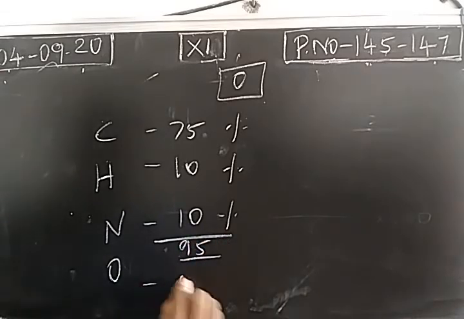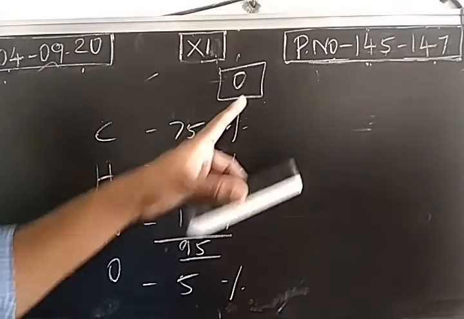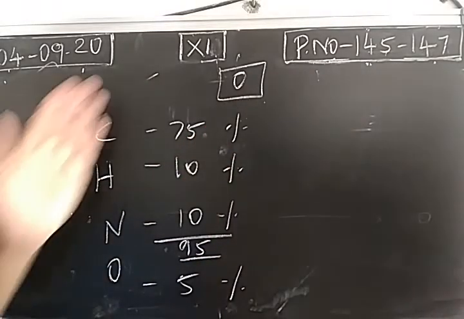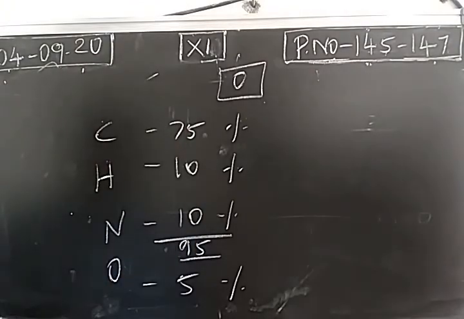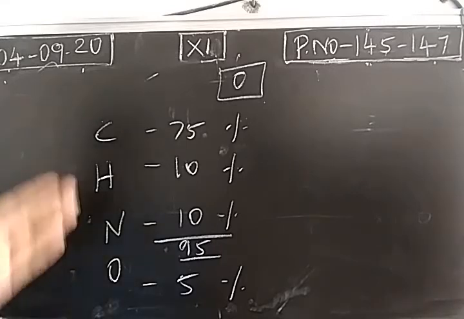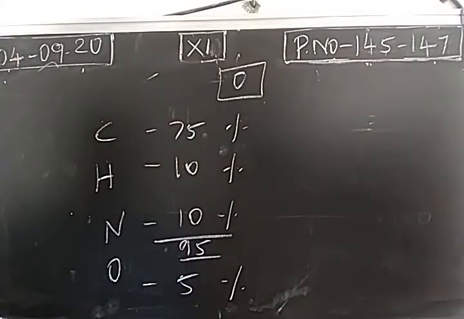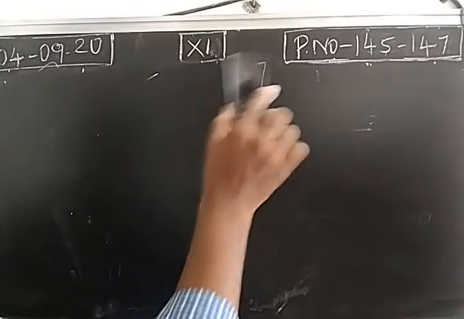Okay, that means the remaining 5% will be contributed by oxygen. So estimation of oxygen can be done from the values of the other elements. In this compound, 95% is contributed by carbon, hydrogen and nitrogen, so the remaining 5% will be contributed by oxygen. So this is the indirect method of estimating oxygen.